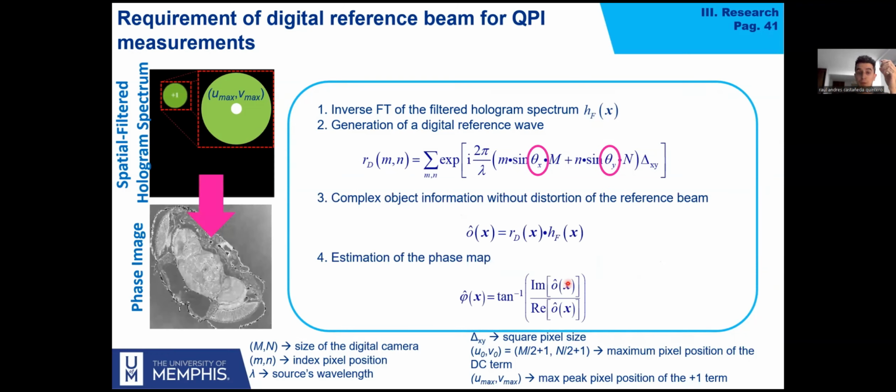However, there is a problem. Before talking about the problem, if the correct values of theta x and theta y are obtained, it's possible to retrieve the phase information free of any aberration, right? At least the aberration that you can obtain in the compensation step, right?